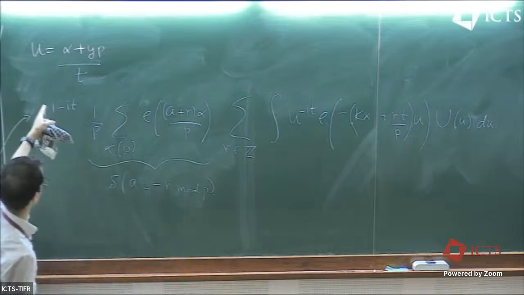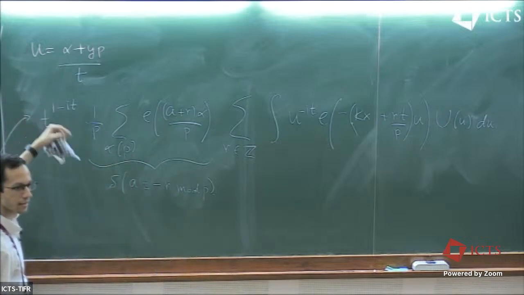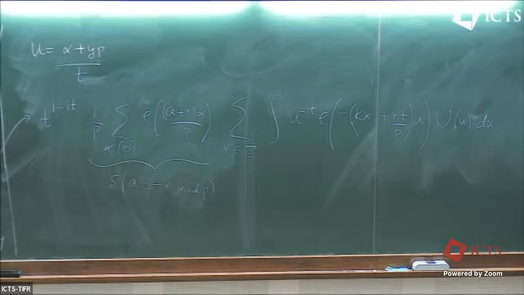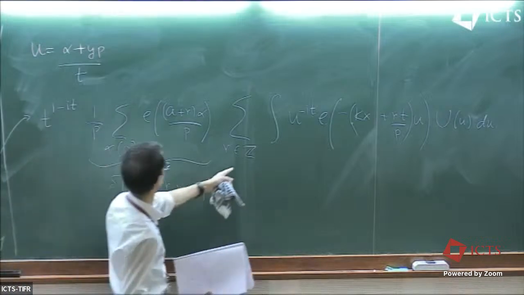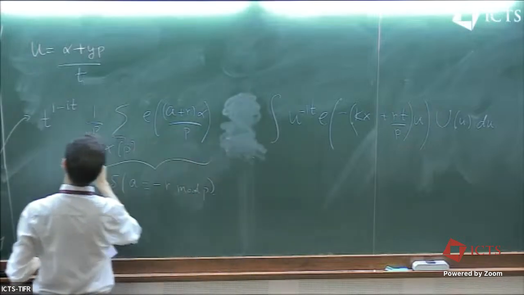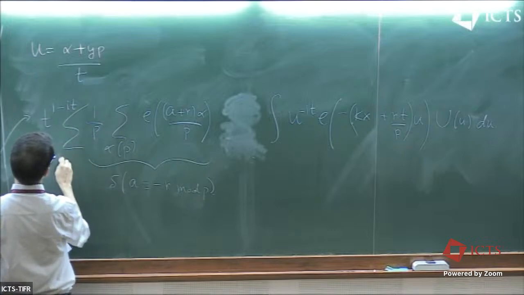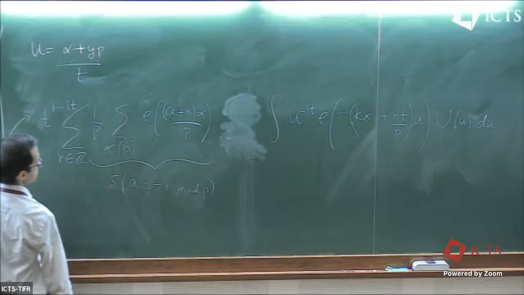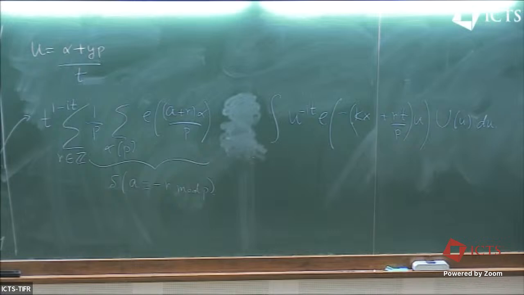So I've done the change of variables, right? Already. So that t cancels out. The sum over r is outside. So thank you. I should, of course, take the sum over r to be. Thanks. Good. All right. So we have this.